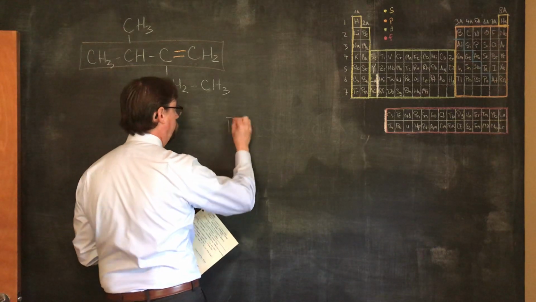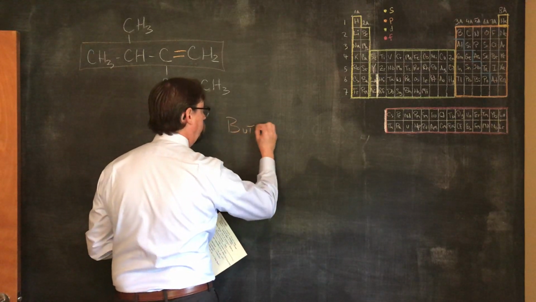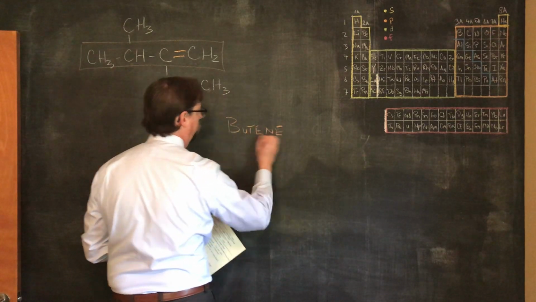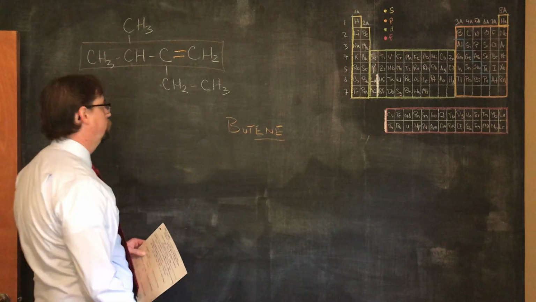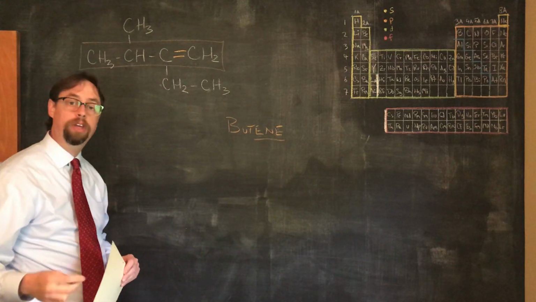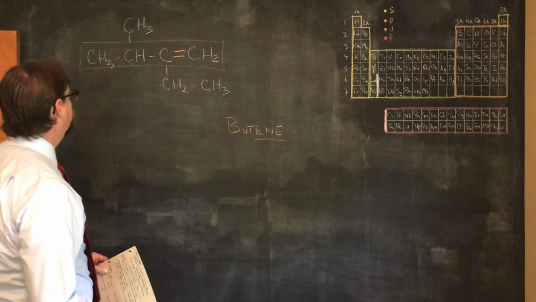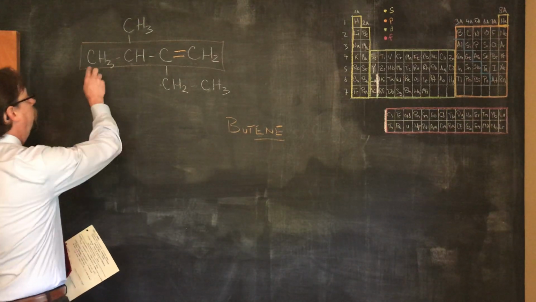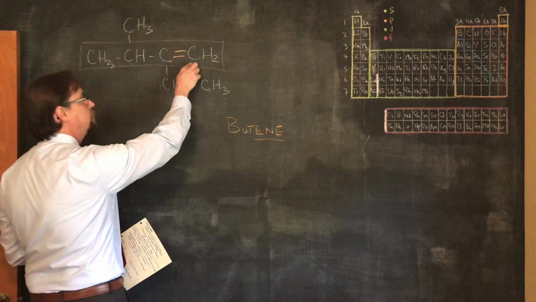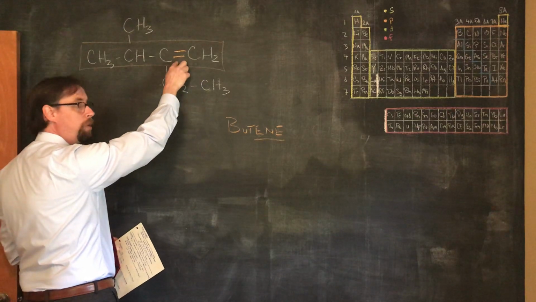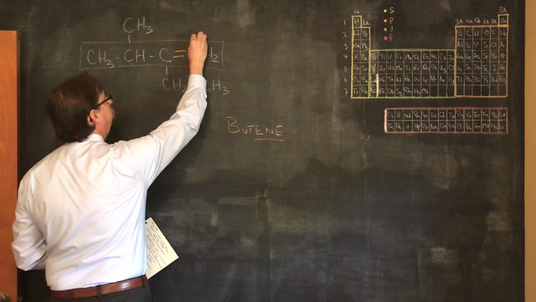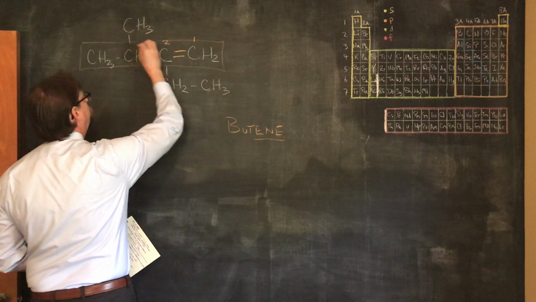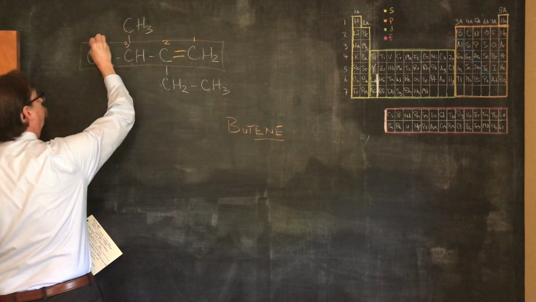So instead of a-n-e, we're going to have that e-n-e ending. This is a 4 carbon long alkene. Now we need to start numbering. We're going to number from this side because it's the end where the double bond is on a lower number. So it would be numbered 1, 2, 3, and the 4th carbon.